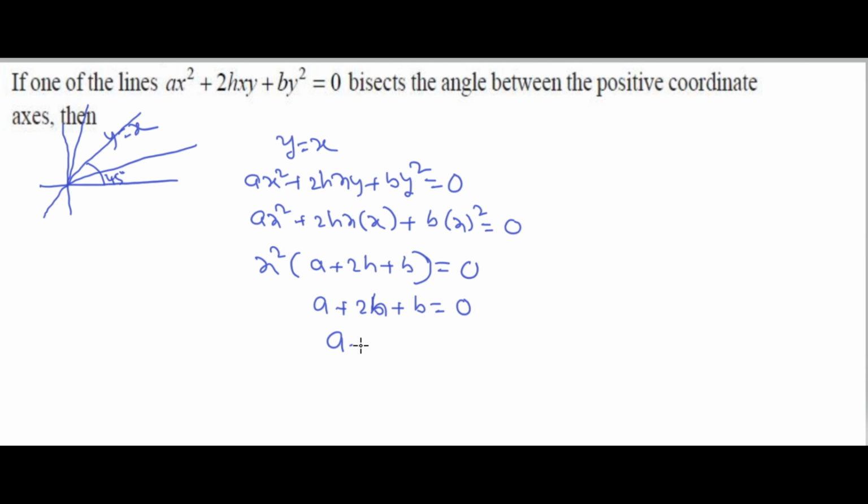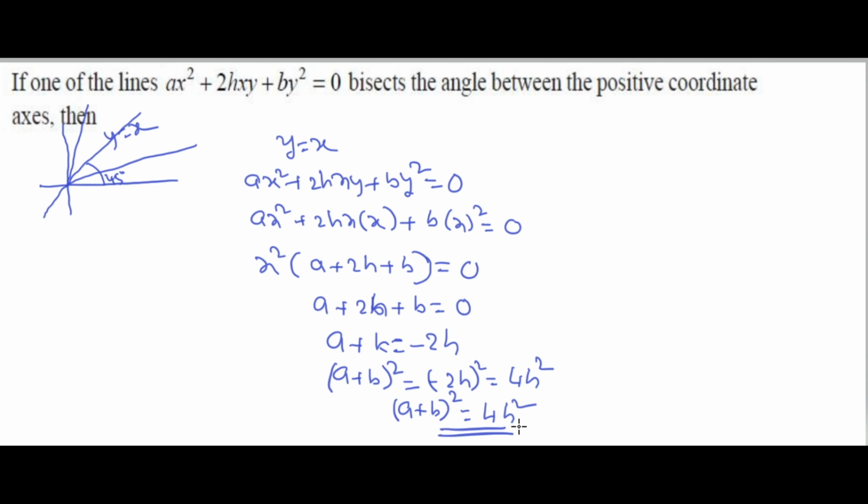From this equation a plus b is equal to minus 2h. Squaring on both sides, that is a plus b whole square is equal to minus 2h whole square. Minus 2h whole square is 4h square. Therefore a plus b whole square is equal to 4h square. This is the answer.